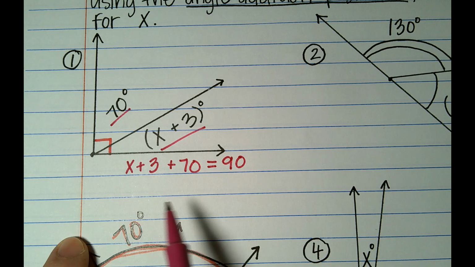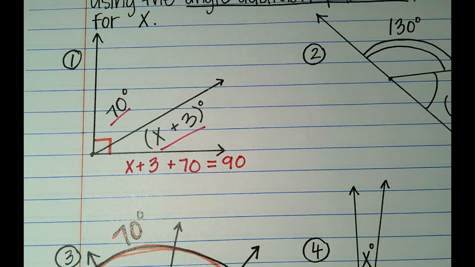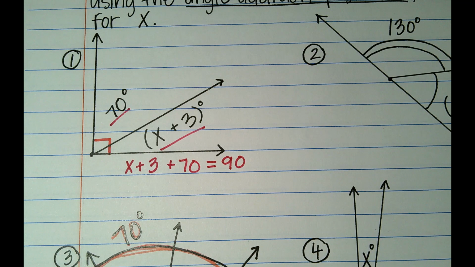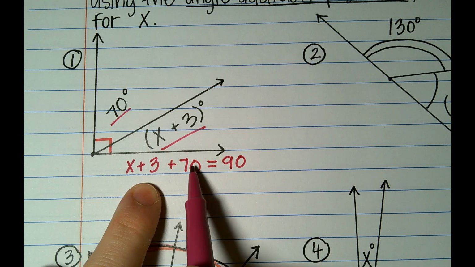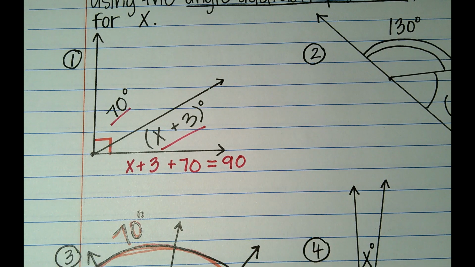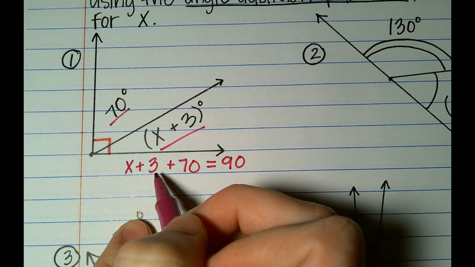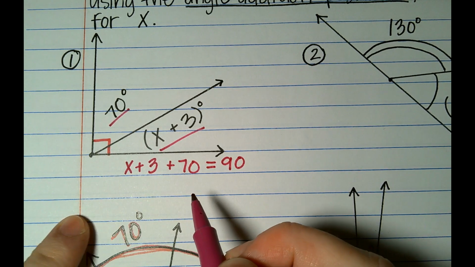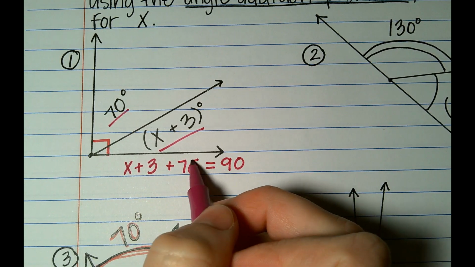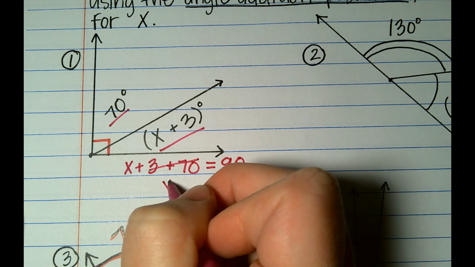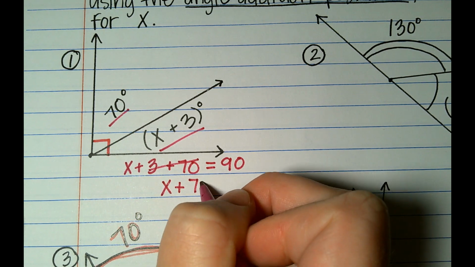Once I've set my equation up, what is the first thing I want to look at and start doing? Add the 3 and that 70. We're going to combine our like terms. So 3 plus 70 gives us x plus 73 equals 90.